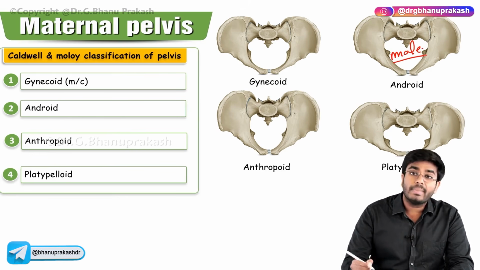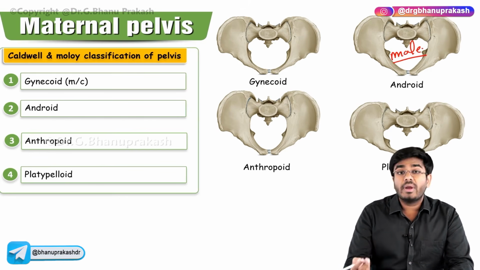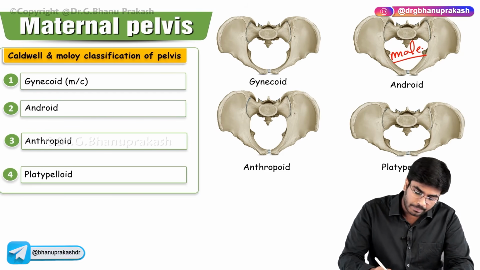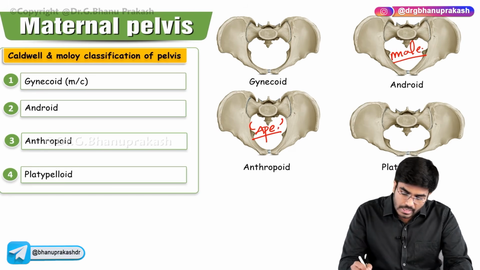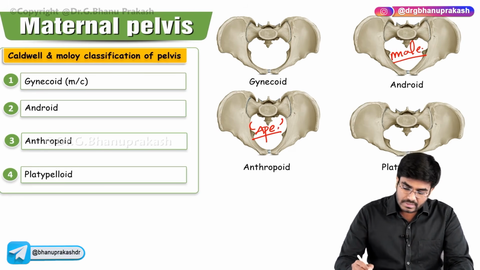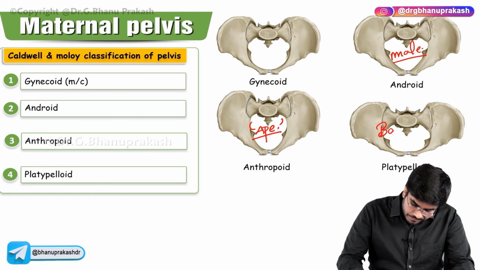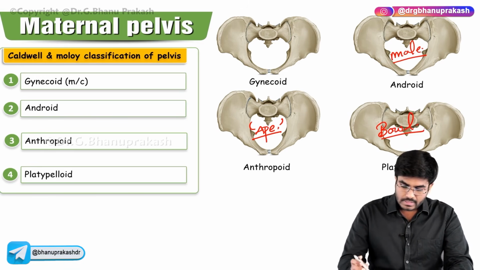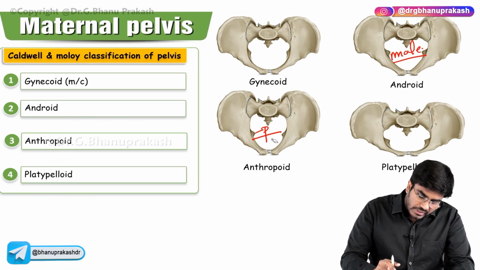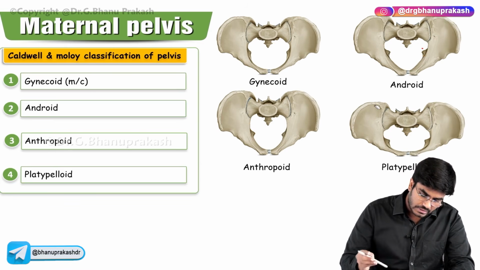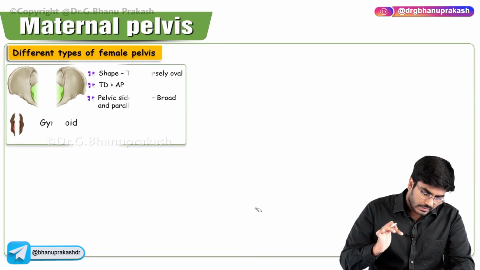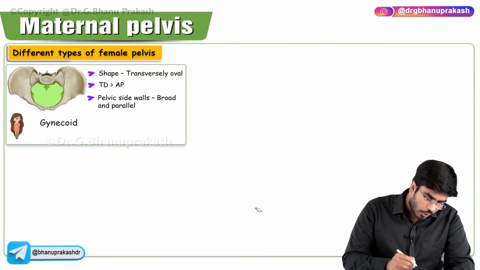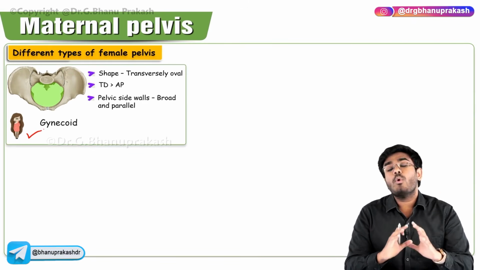Anthropoid, anthropos, means ape like, the chimpanzee thing, and platypelloid pelvis means bowl like pelvis. Now let's see the important differences between the different kinds of pelvis. Let's begin with the gynecoid pelvis. Gynecoid means a female pelvis and the most common pelvis.